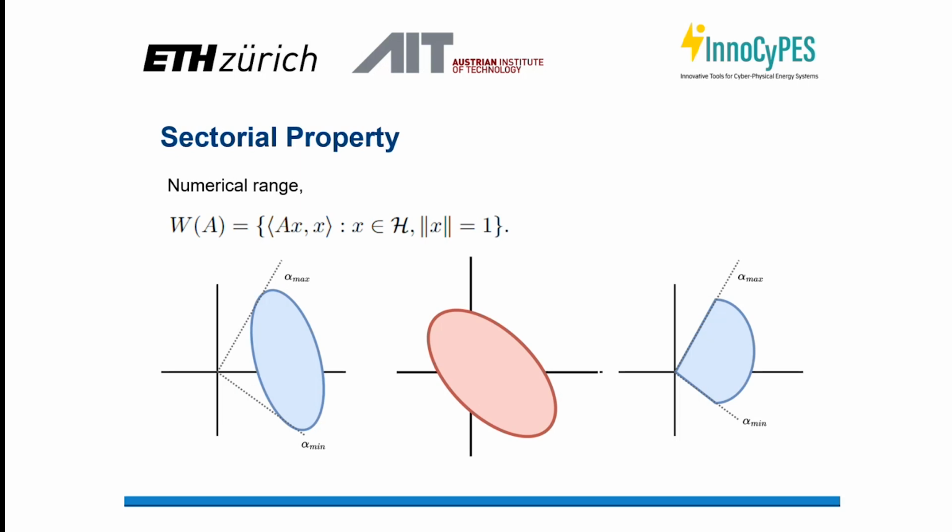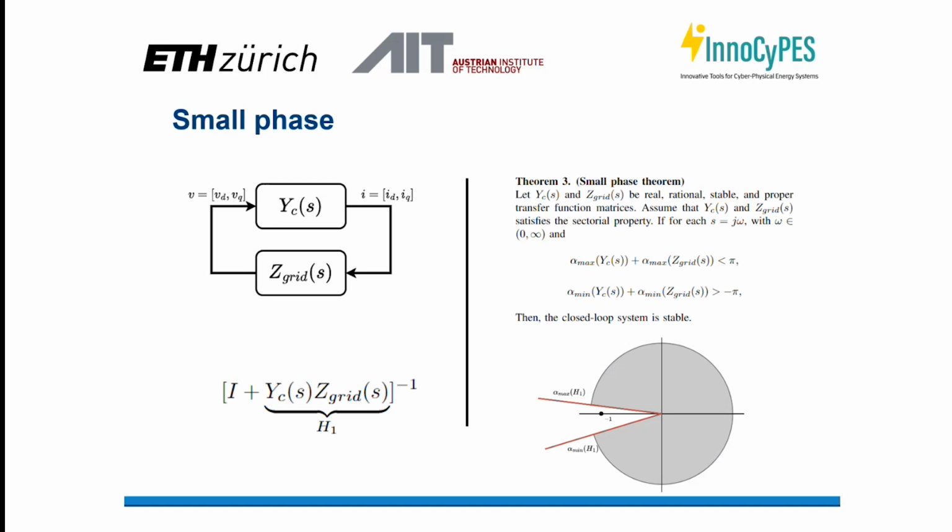And now what does the sectorial property mean? The angles are calculated in the following way. We have an operator called the numerical range. For every frequency, we have an operator.